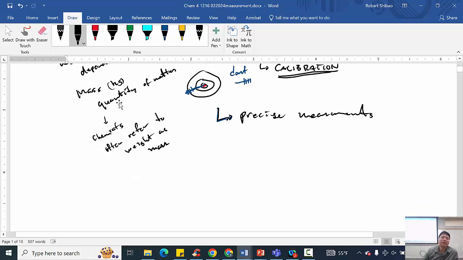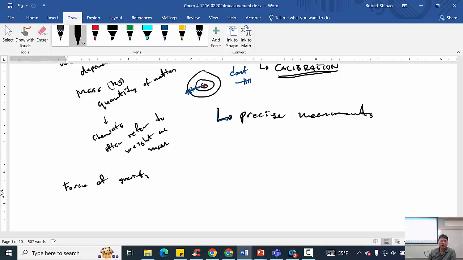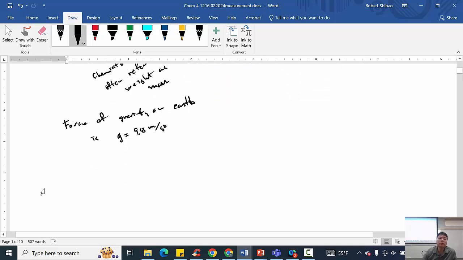Since the force of gravity is fairly constant on Earth, then we can come up with this equivalency. And it depends on how you want to express it.